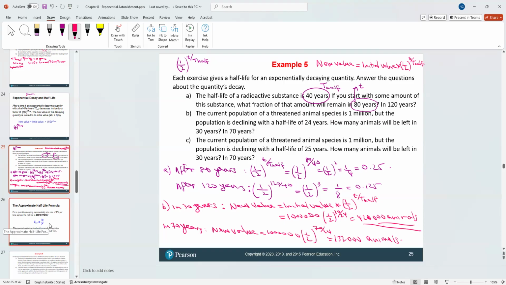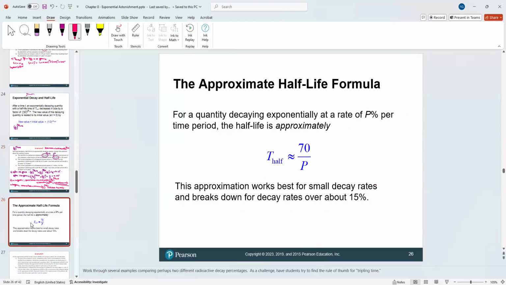Now, because we have these rules, we can apply them. Approximate half-life for applying the rule of 70. The approximate doubling time formula, the rule of 70 we found earlier, works equally well for exponential decay if we replace the doubling time with the half time and the percentage growth with the percentage decay.